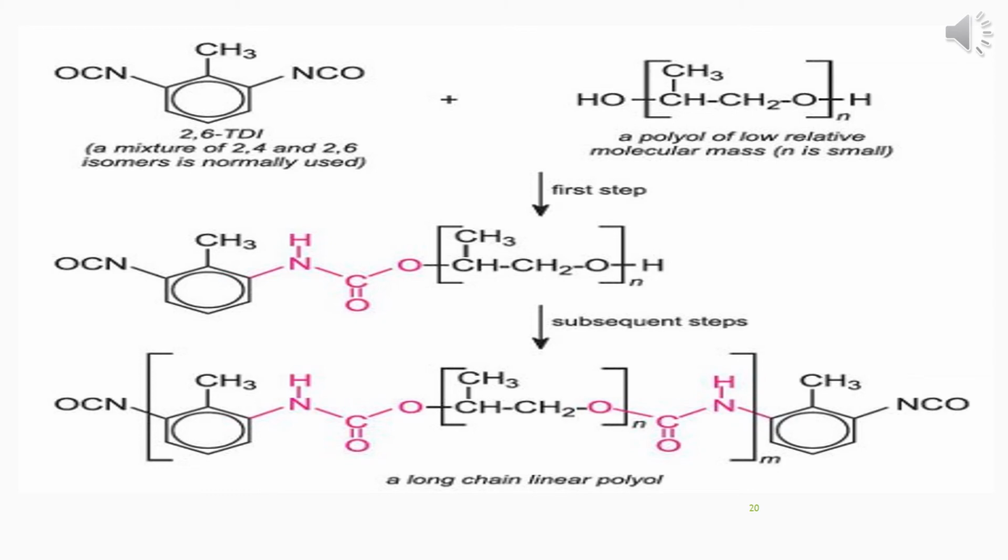So when this polyol reacts with TDI, we get the first step in which a urethane linkage, or carbamate linkage, is formed.